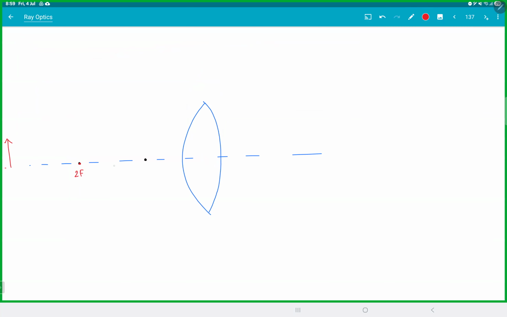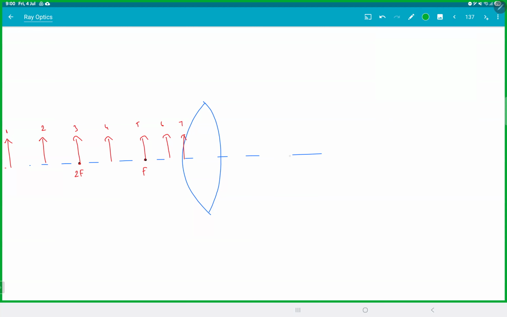This is 2f and f. Take an arrow here, here, here, here, and here, and take an arrow close to here. So we have arrows 1, 2, 3, 4, 5, 6, 7. Draw the images for the 7 arrows and then join the heads of the arrows. Isn't that the path?